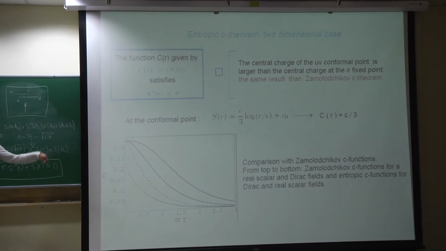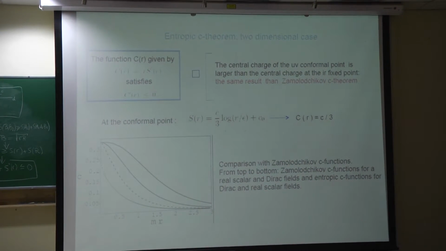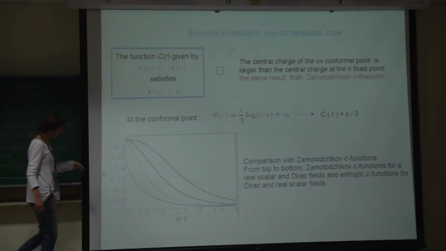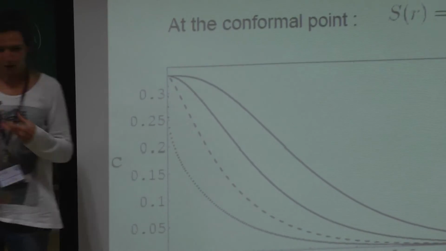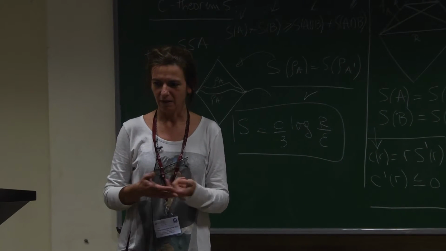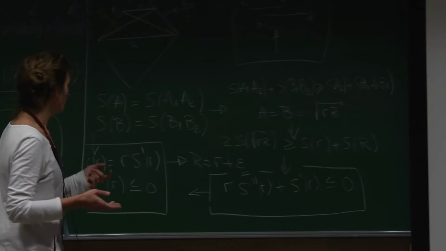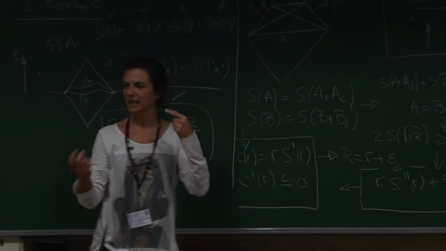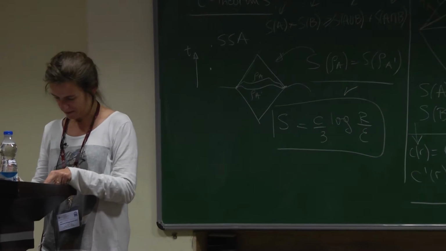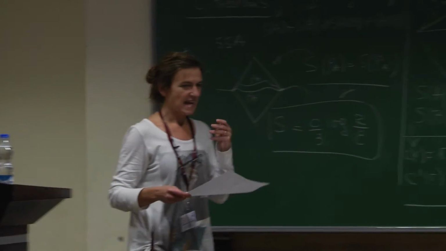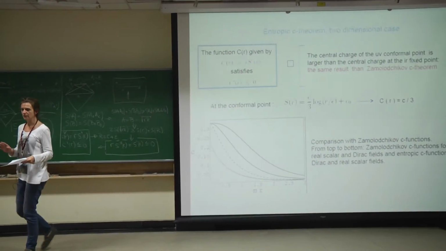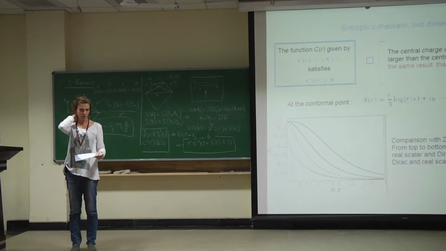But, in principle, you can think, okay, but perhaps these functions encode the same information or not. It's not clear from the expressions how to relate one to each other, okay? But what I have found is at least a way to say that there's no relation between the entropic C functions and the Zamolodchikov C function.